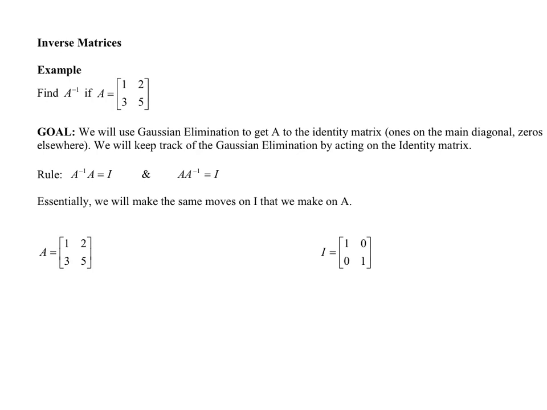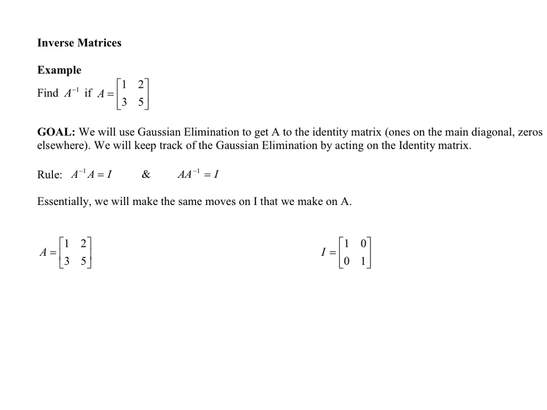And the I was the multiplicative identity. It's the same idea here. If I multiply the inverse of A by A, the result should be equal to I. I just have to figure out what that inverse matrix is that, when multiplied by A, will give me the result of I.